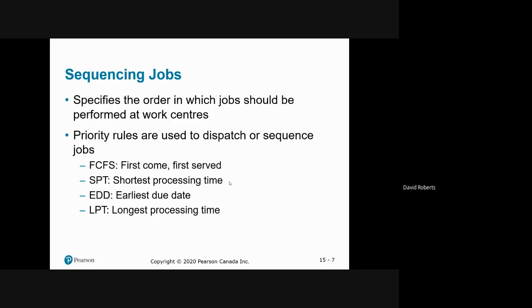Then when that is complete, let's work on the next one and the next one. And you follow that quite extensively for a lot of you through your school years. Longest processing time is the opposite of shortest processing time. Get the big jobs, and by big jobs, I'm referring to the lengthy jobs.